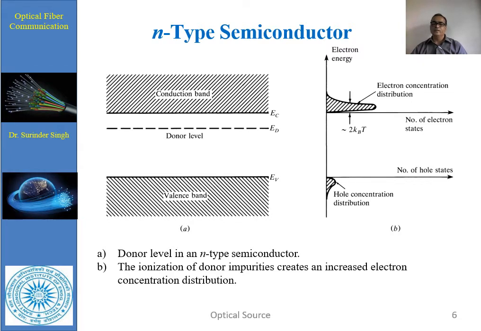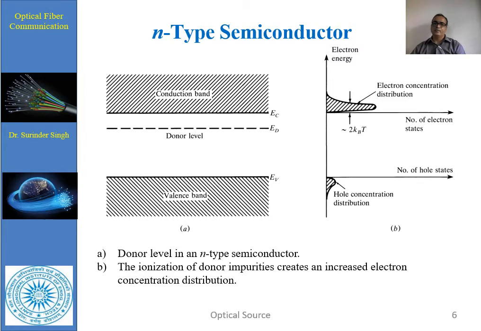So basically a donor level is formed in this case, and this donor level is just below the conduction band. The impurity which is added is called the donor impurity, because it gives an extra electron to the conduction band.